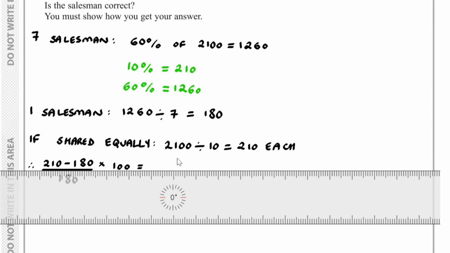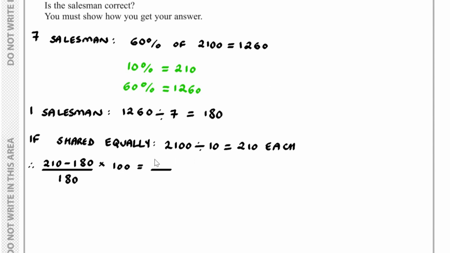So we have 30 over 180 times 100, so we have 1/6 times 100, which is 16.6 recurring %. And this does not equal the 25%. And therefore, the salesman is incorrect.